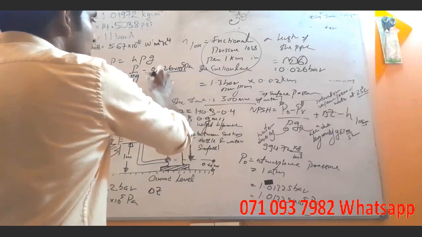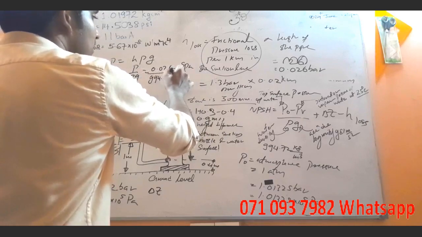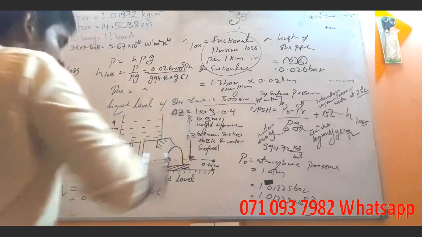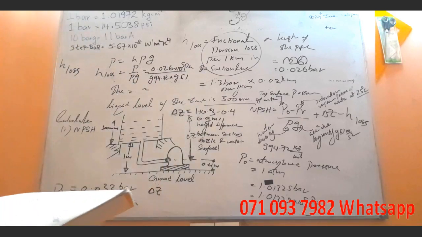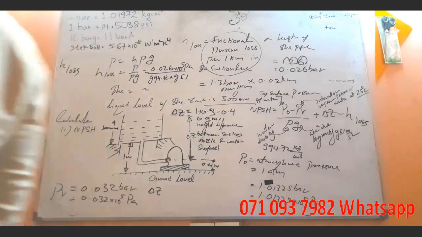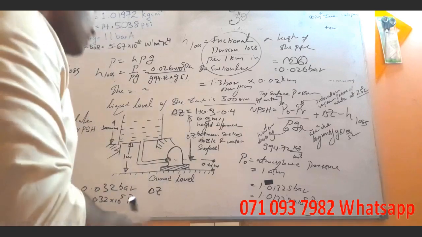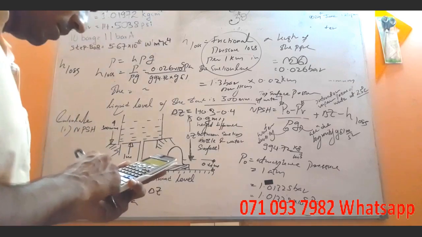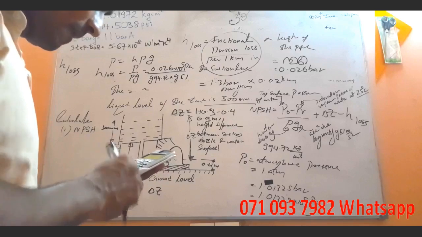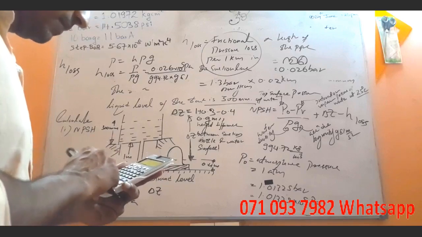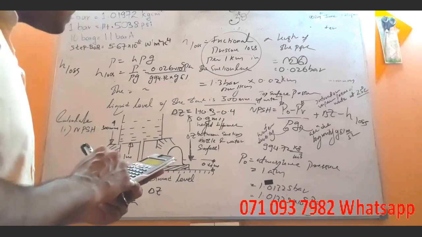Rho, you know, is 994.72 multiplied by G, which is 9.81. So take your calculators and find the answer. I also use my calculator. 0.026 into 10 to the power 5 divided by 994.72 and divided by 9.81.